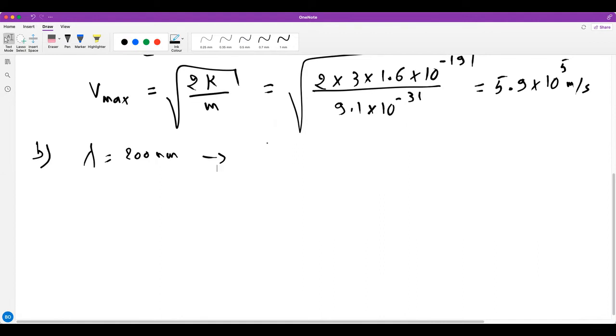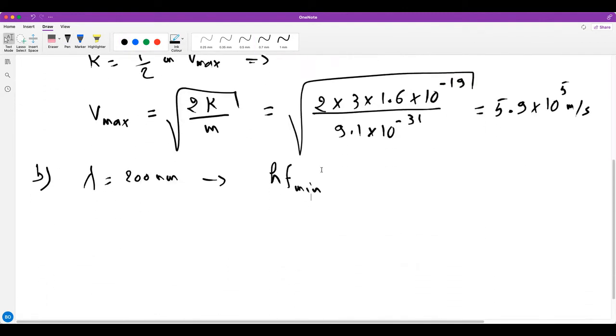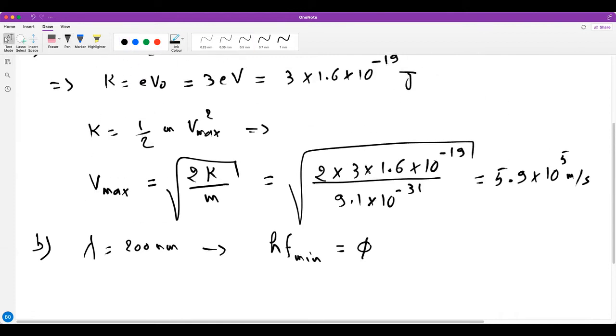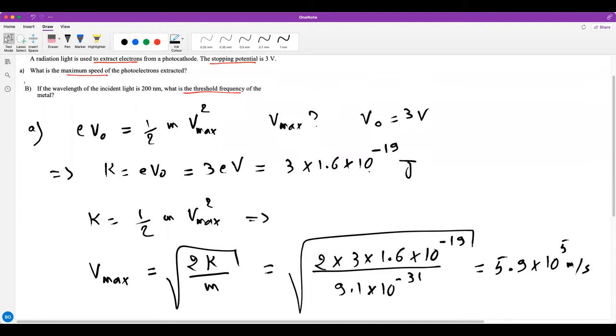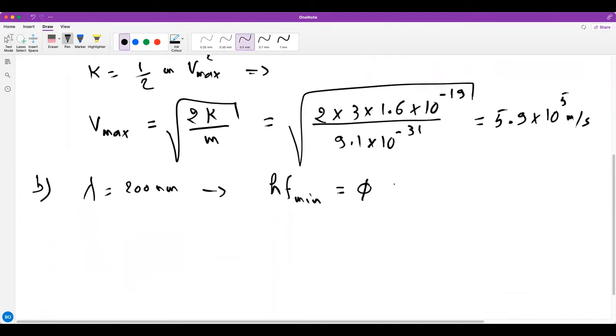Now, remember, the threshold frequency is the minimum frequency that we need to provide in such a way to produce electrons with only minimal kinetic energy. So what we can do here is h f minimum.